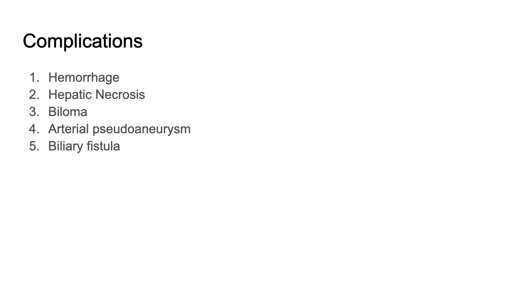Bilomas are just loculated collections of bile. They can or cannot be infected. If infected, then you treat it like an abscess, percutaneous drainage, etc. Now, small sterile bilomas will eventually be reabsorbed, but if it is large, then they should be drained.